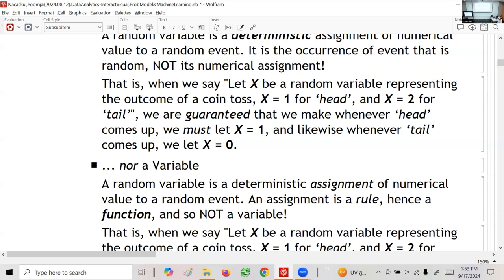So the random variable is created to map reality, which is what's random, to the number line. If it's a coin toss, I might as well map it to 0 and 1. If it's a die, I map it to 1, 2, 3, 4, 5, 6. The point is, now I have a number line, and the value is what's random.